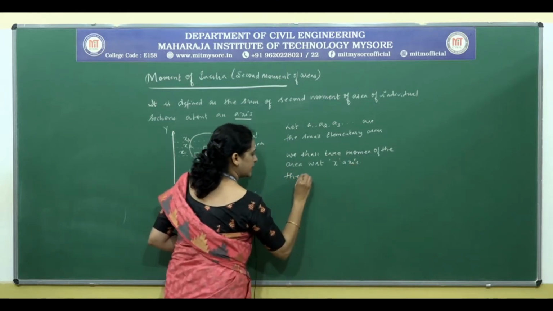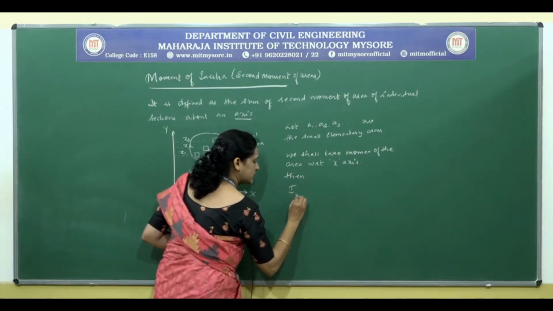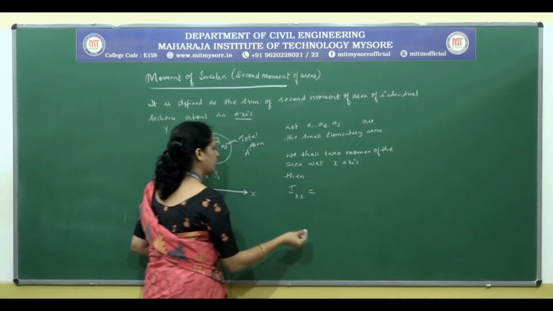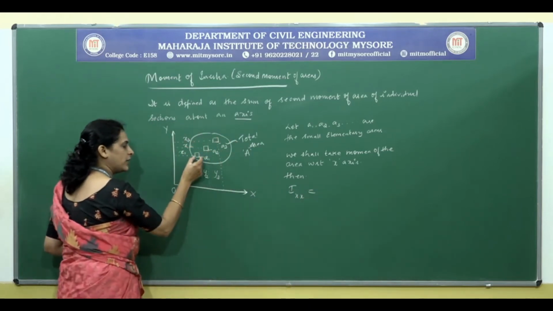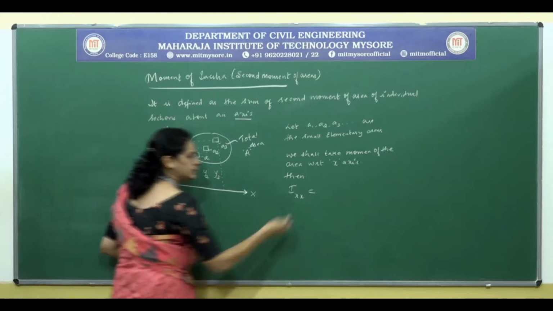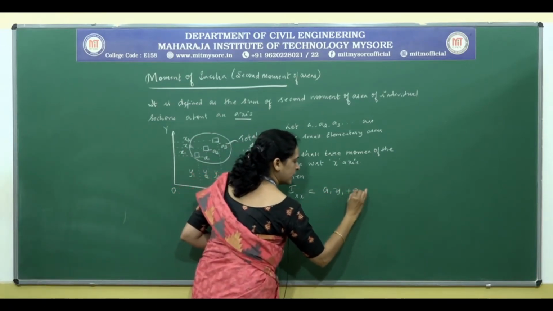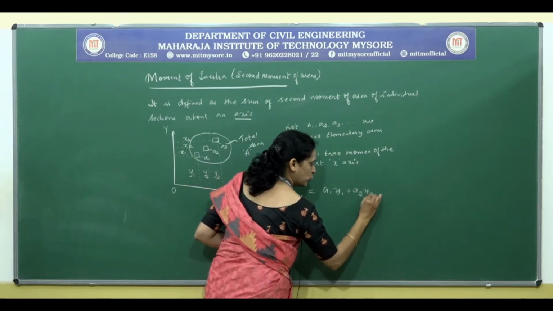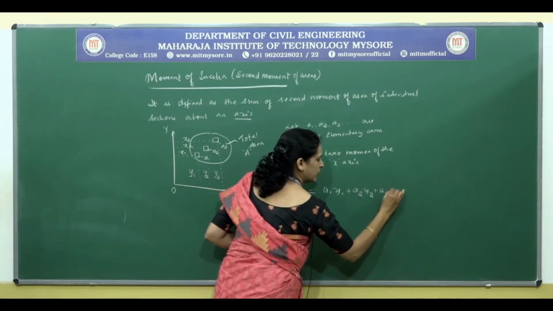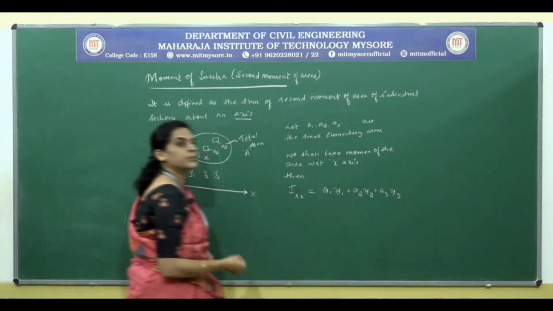Then Ixx is equal to A1 into Y1 plus A2 into Y2 and A3 into Y3.